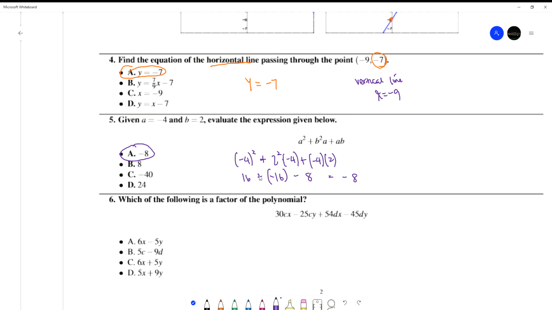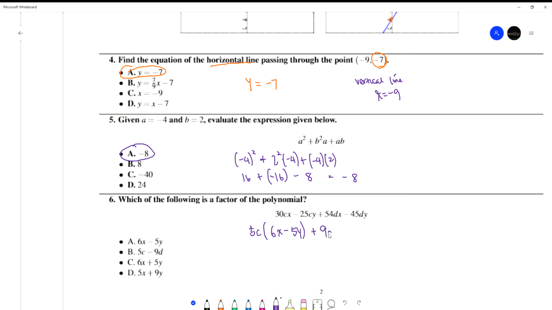So this looks like we have to factor by grouping, right? That seems to be the case here. So let's factor the GCF of the first two terms. So I'm seeing a 5 and a c. So 5c, and we factor that out, we get 6x minus 5y. Then I move on to the second group. In the second group, I see that there's a factor of a 9d, positive, right?